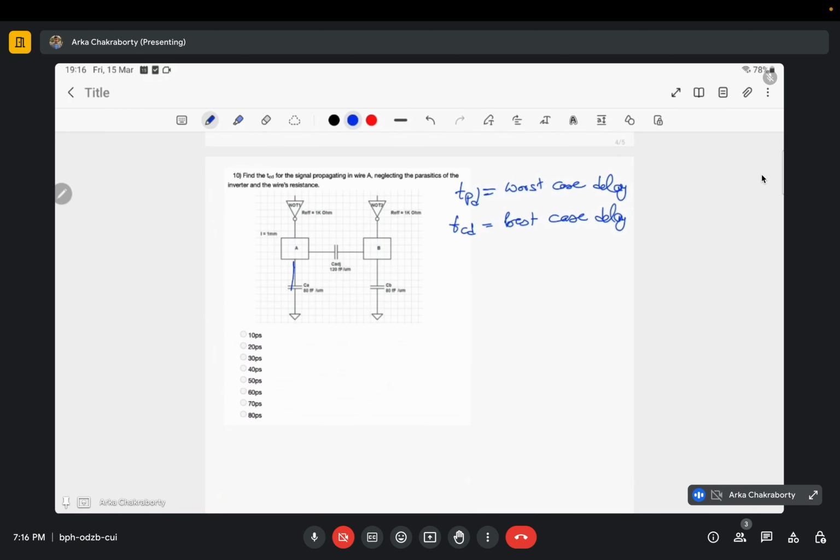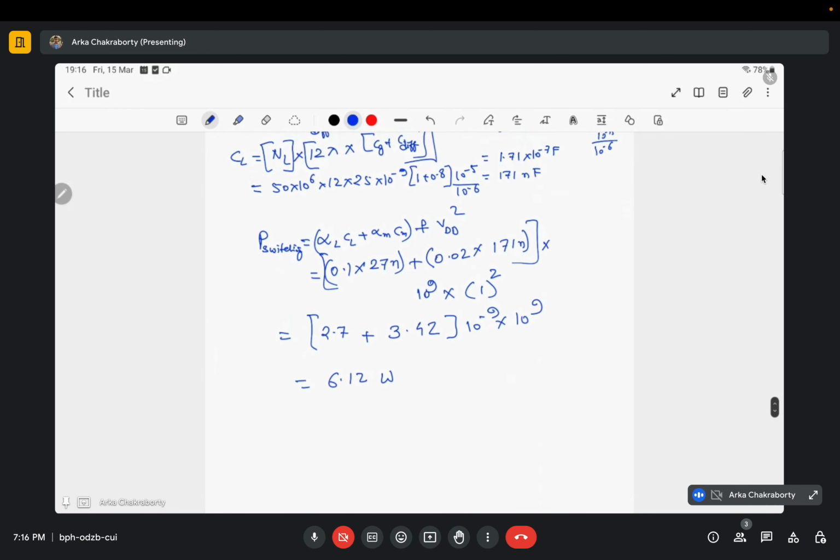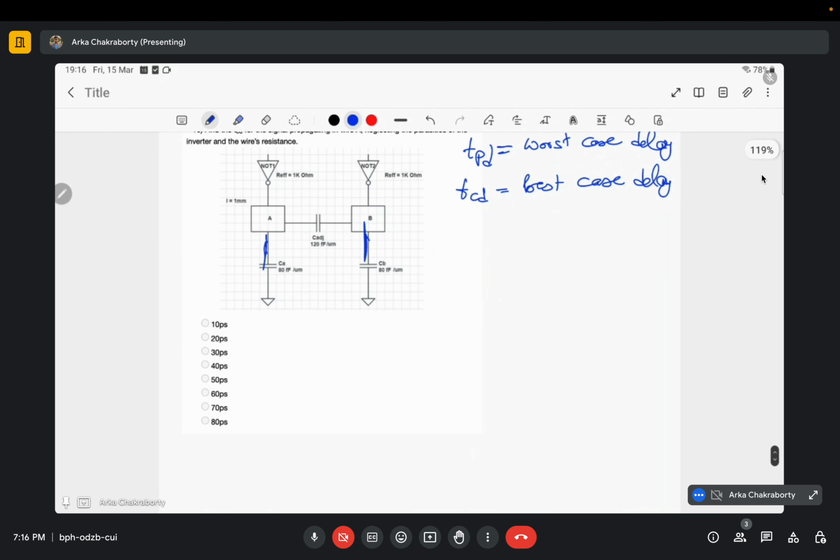We have two wires here. If the driver of the aggressor is changing its state and there is no driver in the second stage, the capacitance that it needs to charge is basically Ca plus C adjacent, right? So my net C would be Ca plus C adjacent.